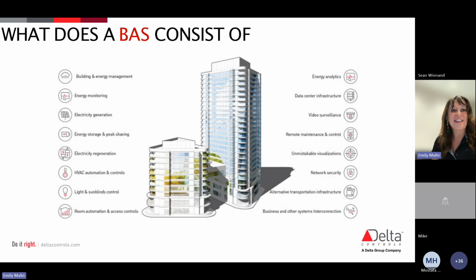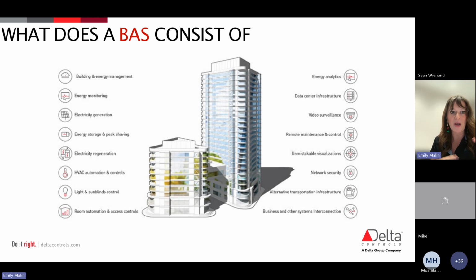I like to put up this slide here because even though we're saying, oh yeah, BAS system, it really is just all about sensors and devices, sensors and control, and you'll hear that a lot. As we move into a bigger and better and greater system and world, we see a lot more happening on building automation systems in general. So we look at this building here, and you can think about a BAS system from anything, right?